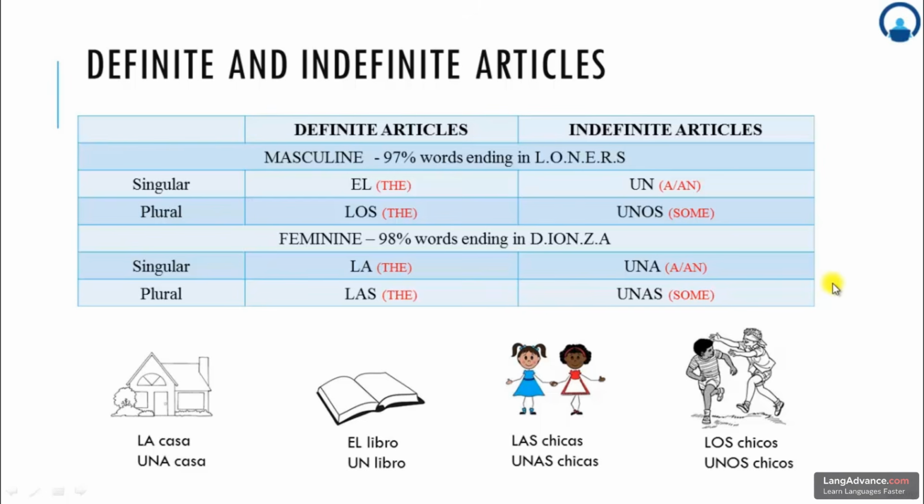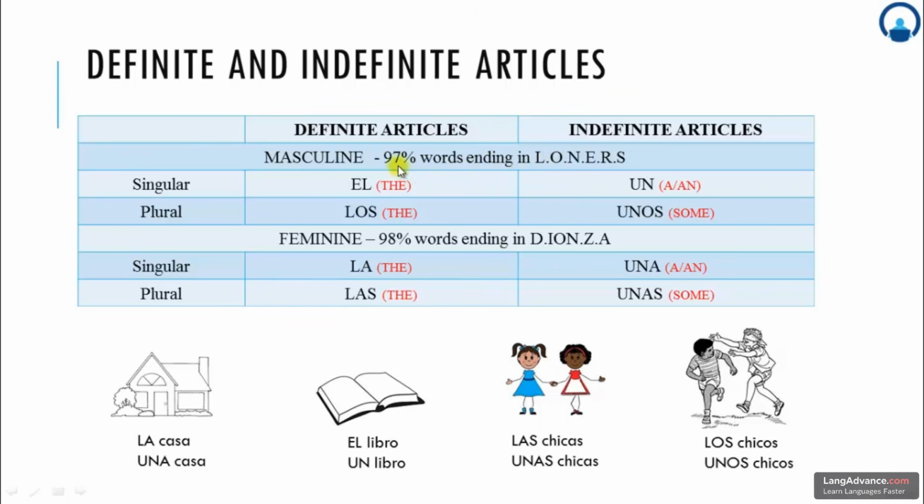And how we are going to change according to the gender and according to singular and plural, this table will show you the rules for doing it. First, we'll concentrate on only definite articles. If it's masculine, and how to check it is a masculine noun, here is the rule.